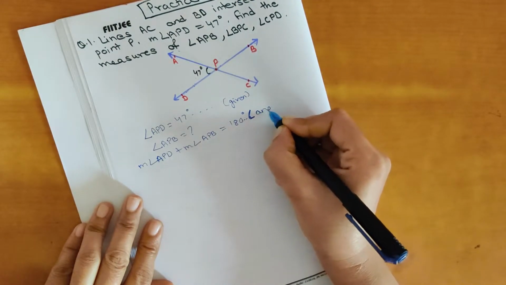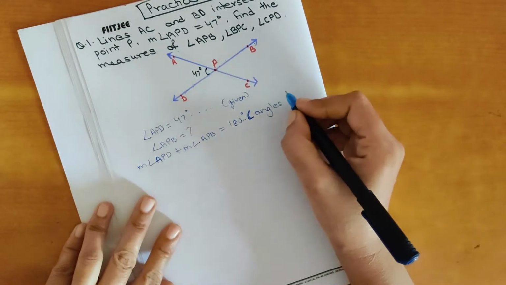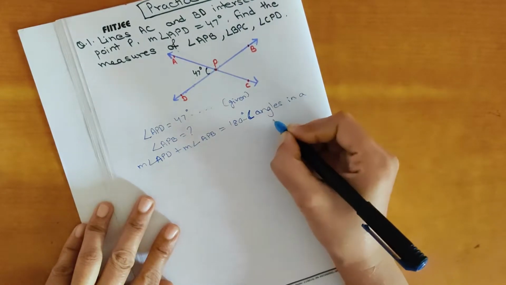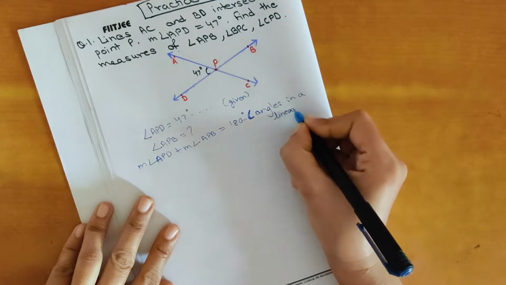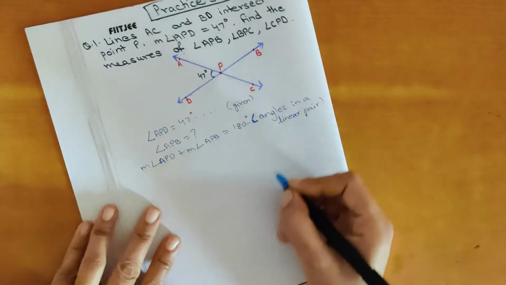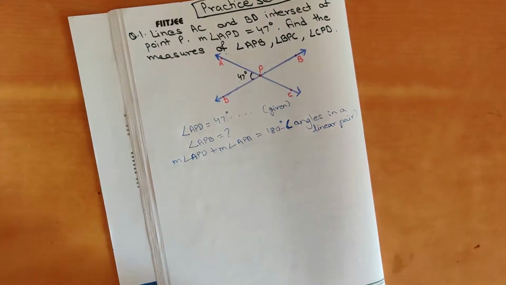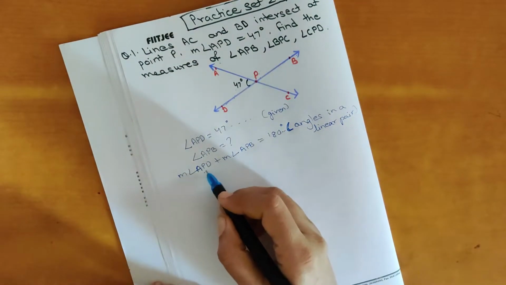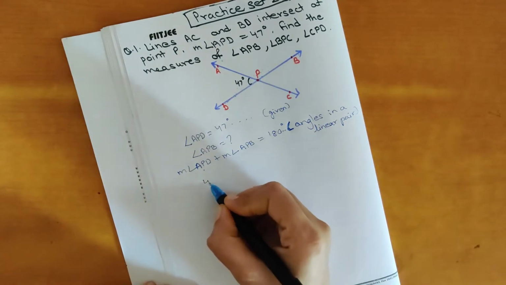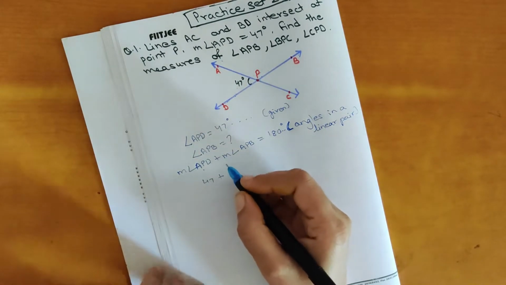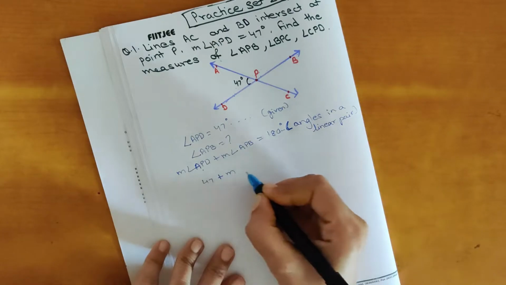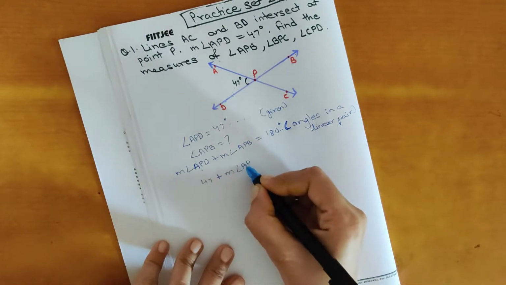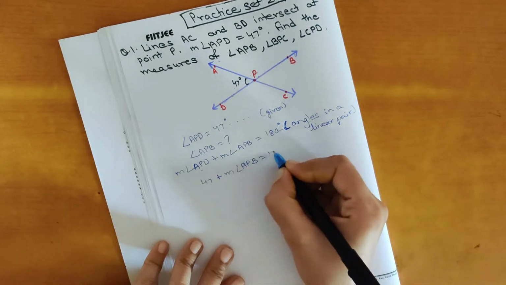Because angles in a linear pair measure 180 degrees. So measure of angle APD is already given as 47 degrees, plus measure of angle APB, which we don't know, so we will write it as it is, is equal to 180.